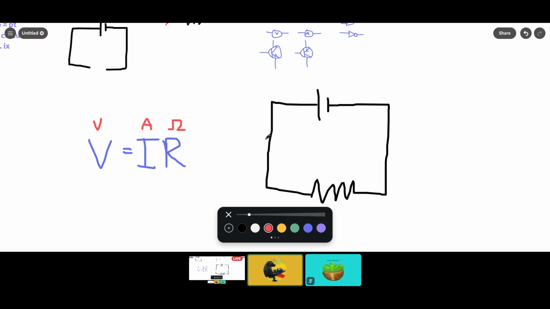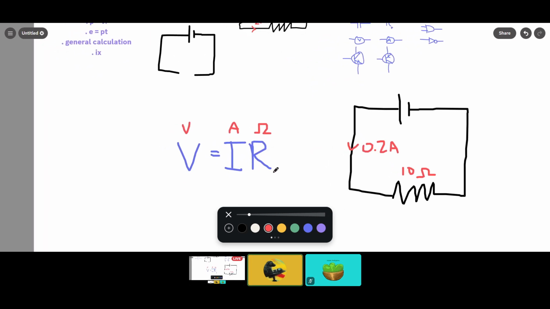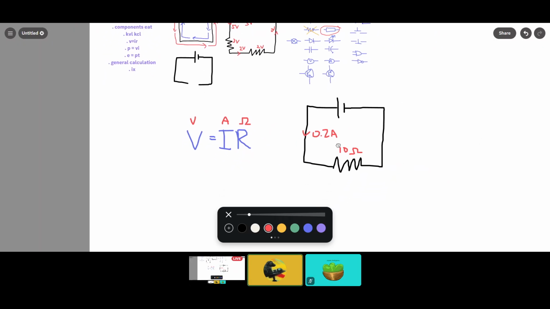If the current is 0.2 amps, or the resistance is 10 ohms. Okay, so that's V equals IR. This equation relates the current and the resistance to voltage. The product of I and R, of current and resistance, is voltage.